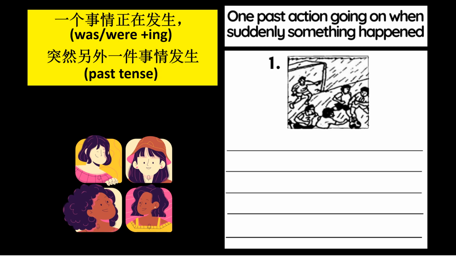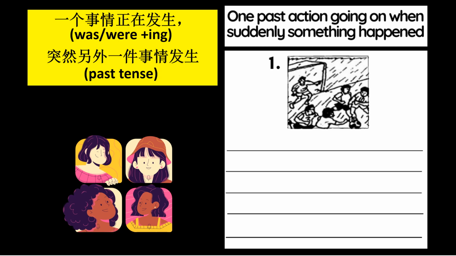Okay, let's take a look at the picture. Look at this picture, then you can understand better. 他们正在做什么？正在玩 football. 而突然间 suddenly something happened.